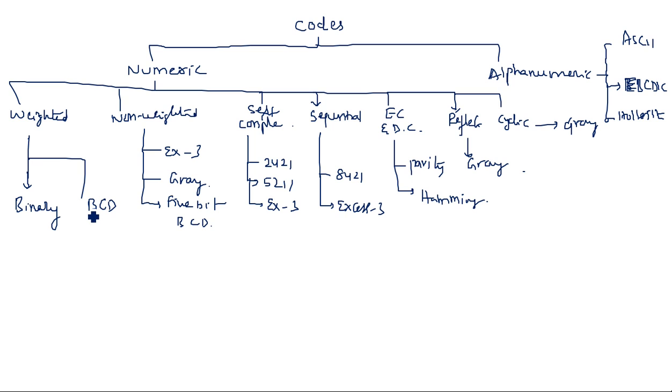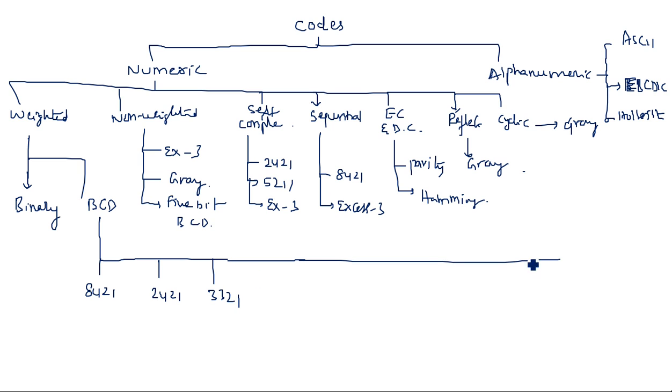And here in this BCD, we are having several different forms of coding: 8421 code, 2421 code, 3321 code, 4221 code, 5211 code, 5311 code, 5421 code, 631 minus 1 code, 7421 code, 74 minus 2 minus 1, and 84 minus 2 minus 1.